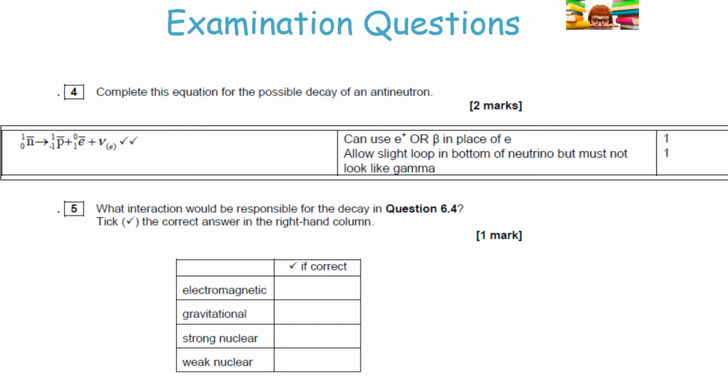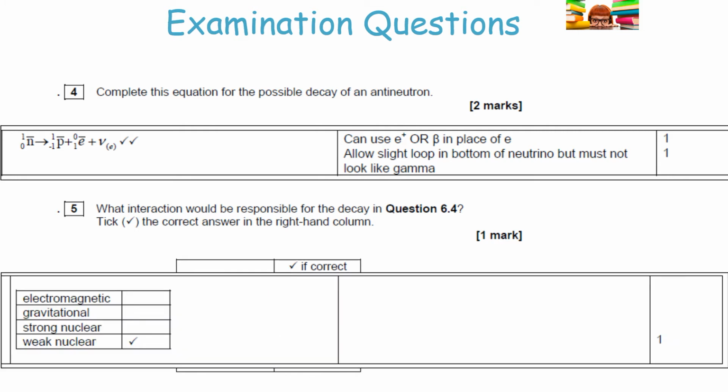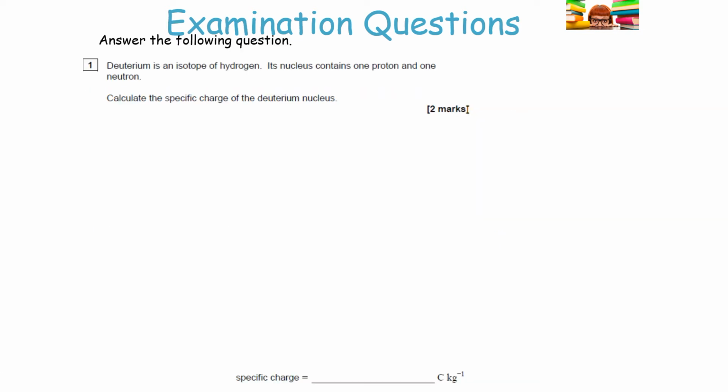Now if we look at our decay, we've got neutrons and protons, which are hadrons, and we've got a positron and a neutrino, which are leptons, indicating to us it's the weak nuclear interaction. Also, because the antineutron turns into an antiproton, quarks must change in flavour, another reason why it's the weak interaction. Let's look at the next question.